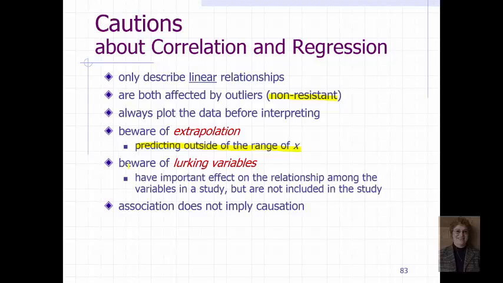I predict high reading levels when shoe sizes are larger. Well, part of that is there's lurking variables, and the lurking variable there is age. Bigger kids, older kids have bigger feet. Older kids usually read better than younger kids. So remember that even though we can predict, association does not imply causation.